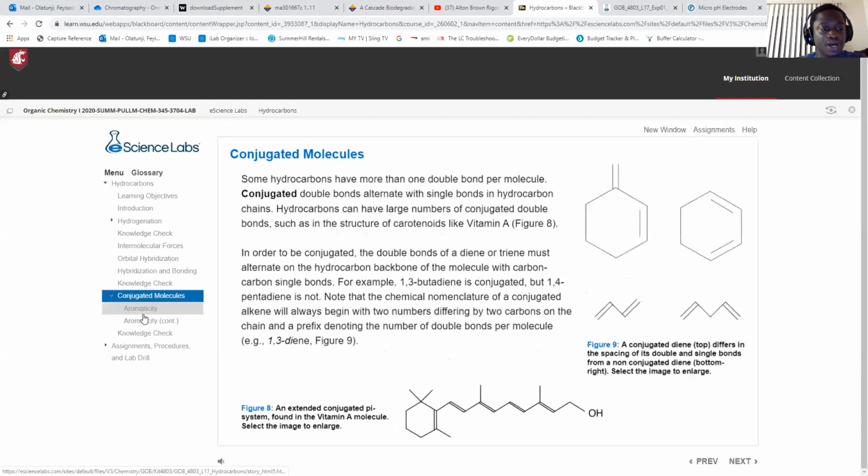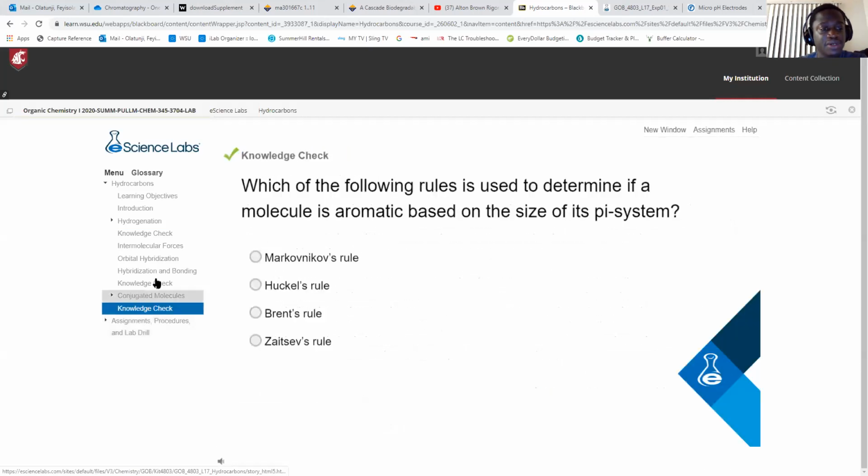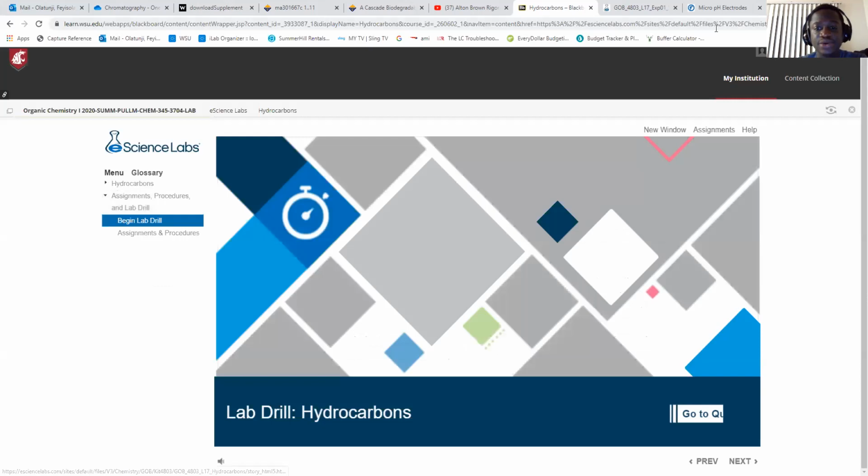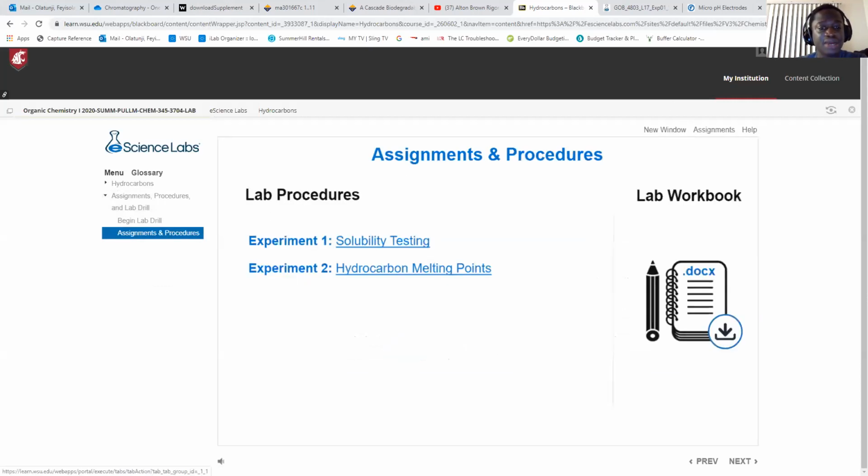I haven't spoken about that today. You are going to be carrying out experiments to test for solubility. You will also be carrying out experiments to test for melting point. The solubility testing builds on the knowledge of your chromatography in your previous lab, because solubility has to do with like dissolving like.